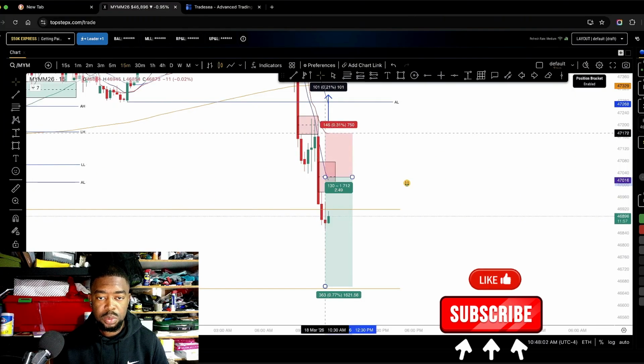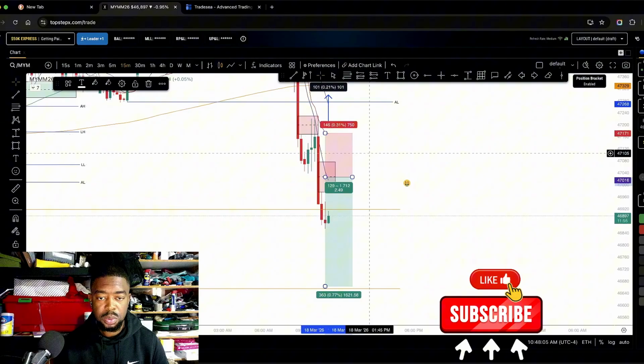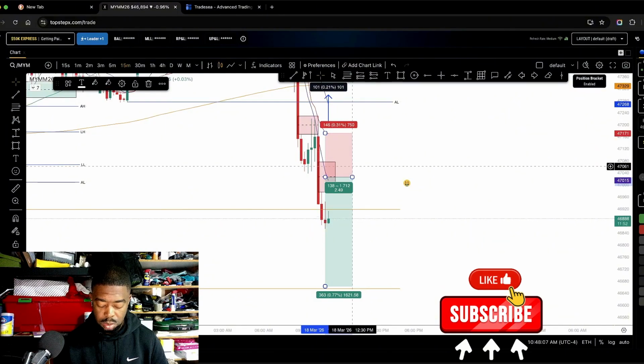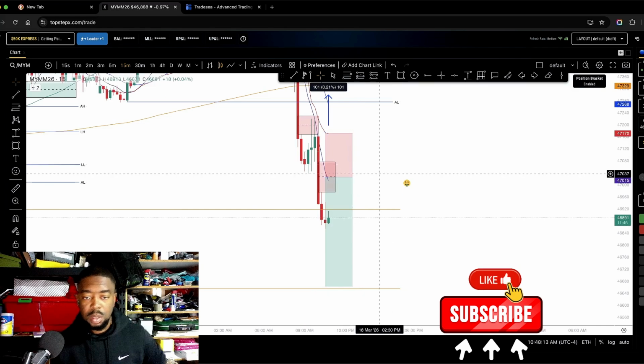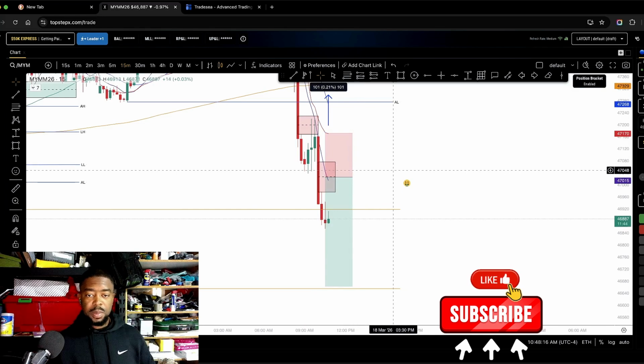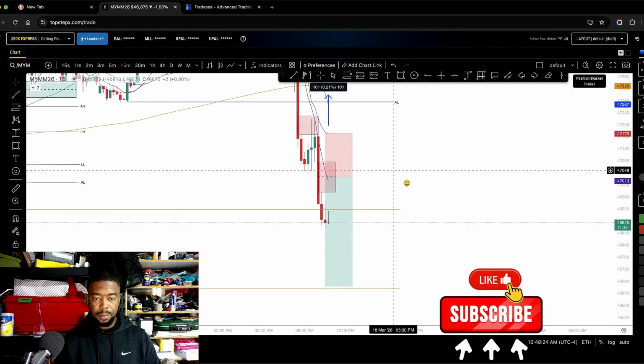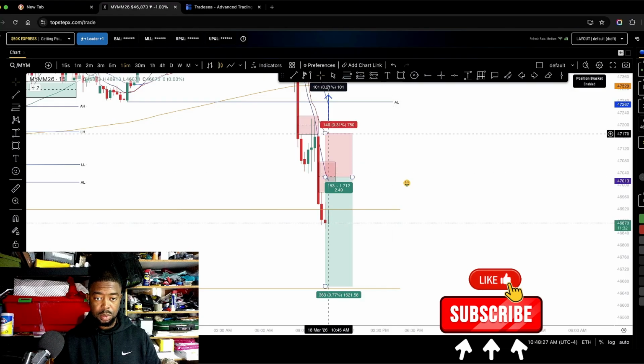Comfortable risk would be about 146 points, unless I wanted to take a higher entry. Well, let's see what happens, man. Let's see what happens. Do I want to risk that much? No.